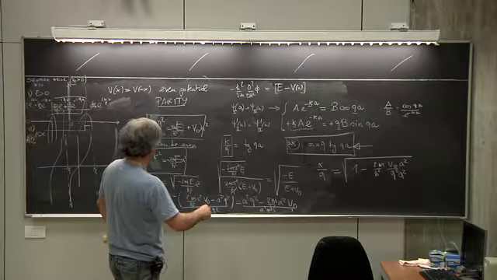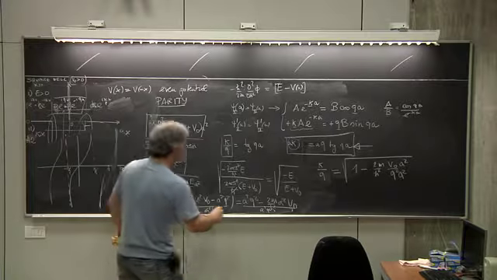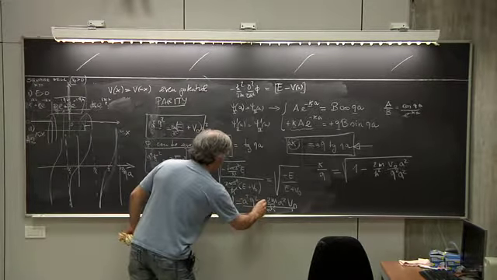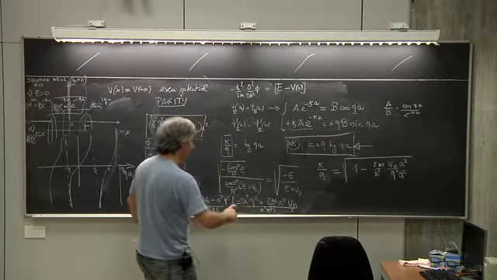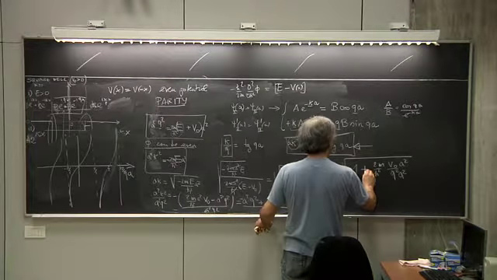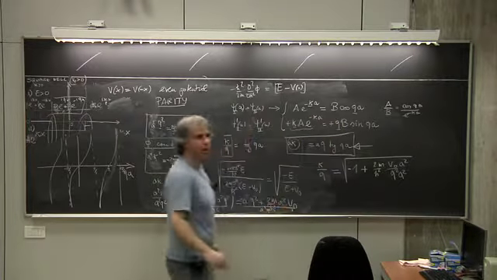You are right. So this is a minus probably, and this is a plus. Okay, good, thanks. So this is now a plus, and this is a minus. Good. This is much better.